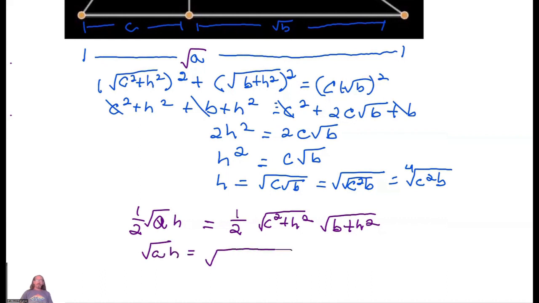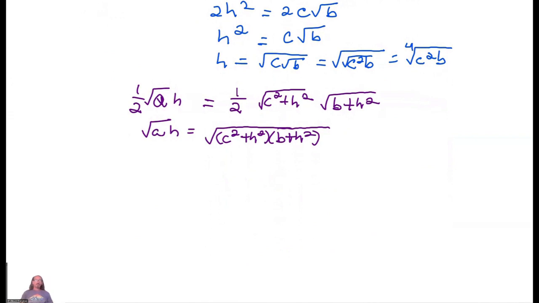And on the right-hand side, putting together the quantity C squared plus H squared times the quantity B plus H squared underneath a single square root. Squaring both sides, squaring the square root of A will just give us A. Squaring the H will give us H squared. On the right-hand side, that'll cancel the square root over the whole thing.